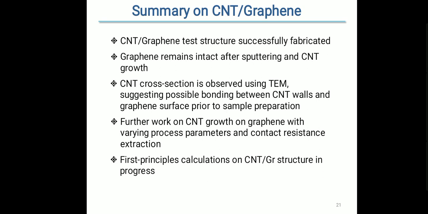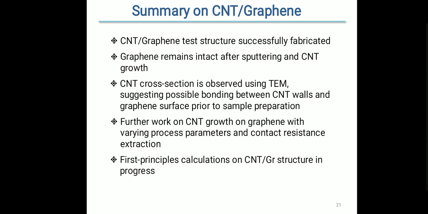So this cross section is observed under transmission electron microscopy. It is a microscopy technique in which a beam of electrons is transmitted through a specimen to form an image. So the microstructures are seen through this TEM, and all the pictures we have seen are formed by this TEM.